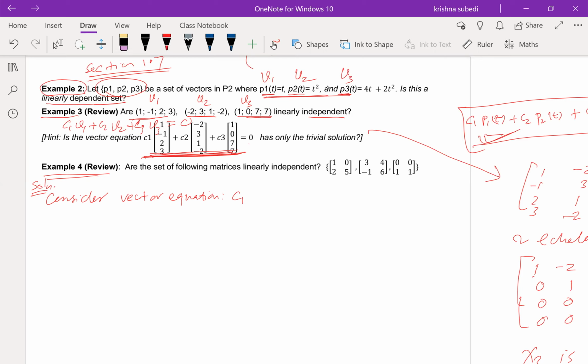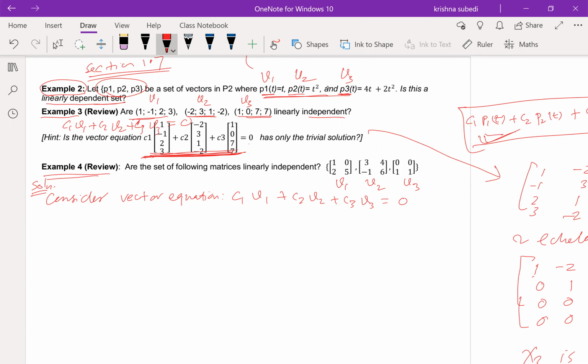Let me suppose these as V1, V2, V3. So now consider a linear combination C1V1 plus C2V2 plus C3V3 equal to 0. In order to check that, we create that vector equation and then consider the augmented matrix or coefficient matrix, and change it into echelon form. That's what we're going to do.